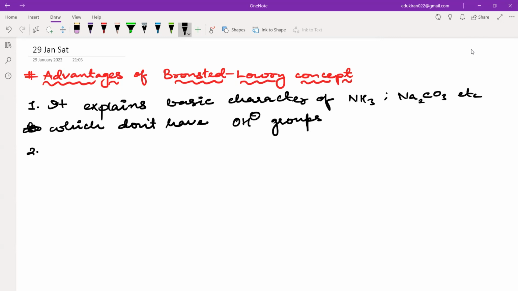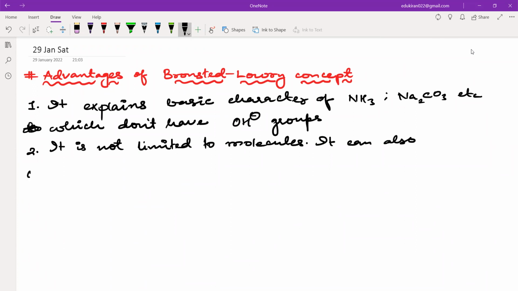Second one, it is not limited to molecules. It can also comment on the basic character of ions.